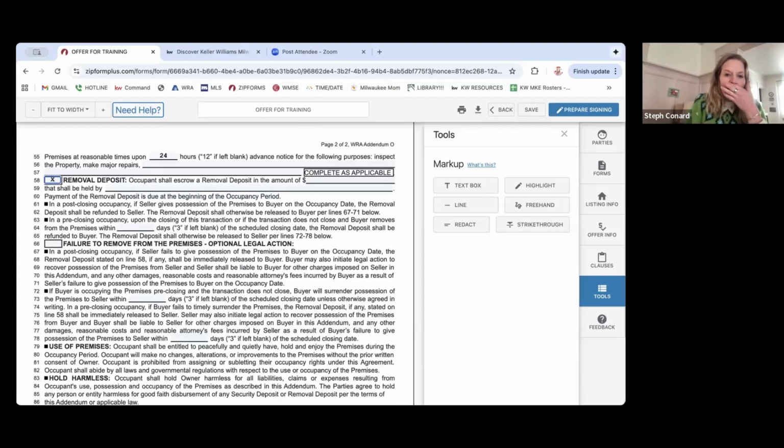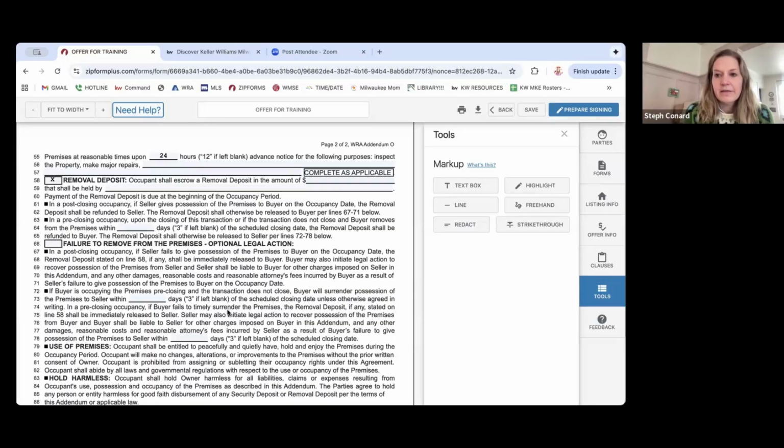Removal deposit. This is kind of an interesting provision. This replaced, in the old addendum O's, it used to be the case where we could identify a daily charge that would be levied upon the seller if they were to go past their occupancy period named on the first page.